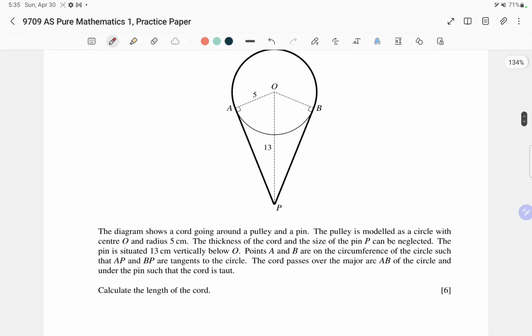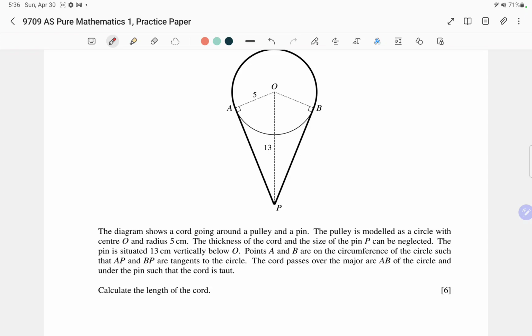This says the diagram shows a cord going around a pulley and a pin. The pulley is modeled as a circle with the center O, radius 5. Thickness of the cord and the size of the point P can be neglected. The pin is situated 13 meters vertically below O. The points A, B are on the circumference of the circle such that AP, BP are tangents.